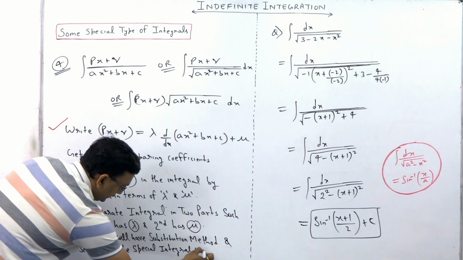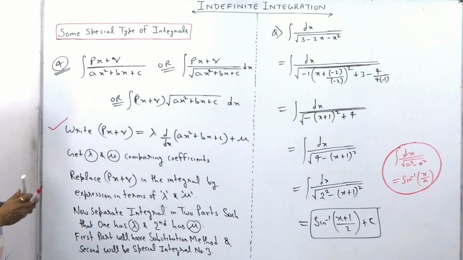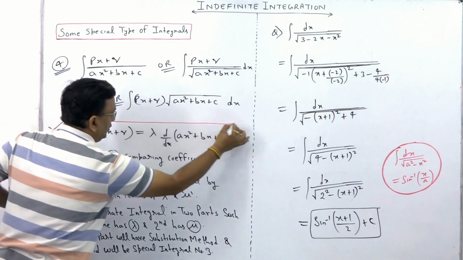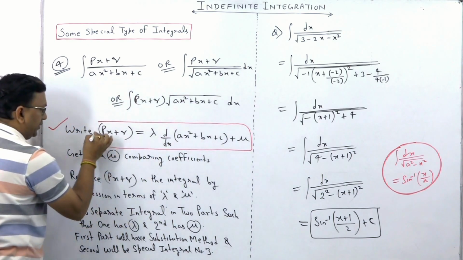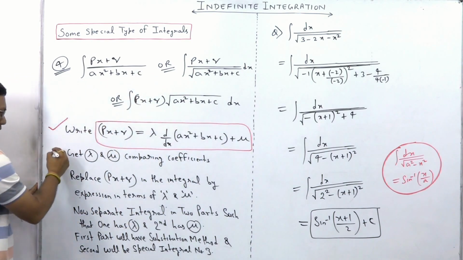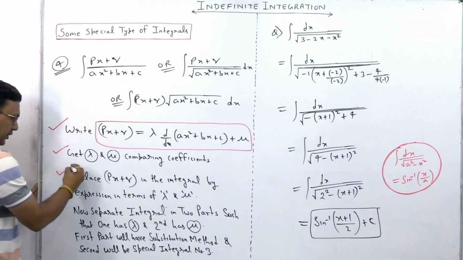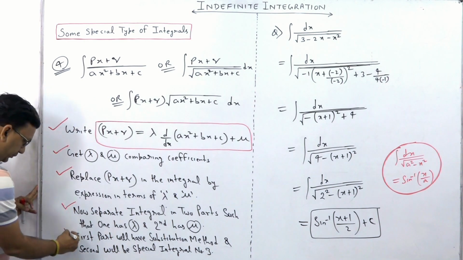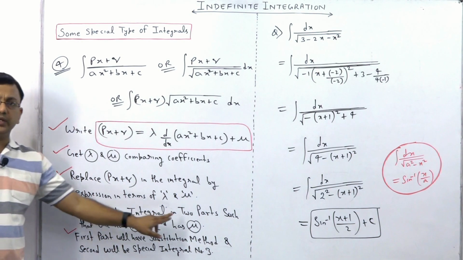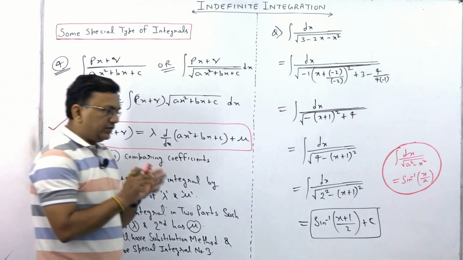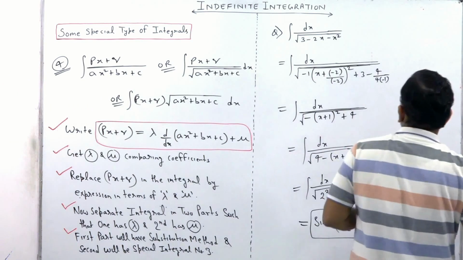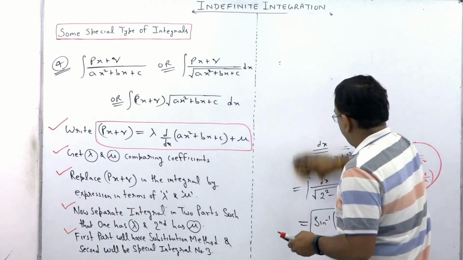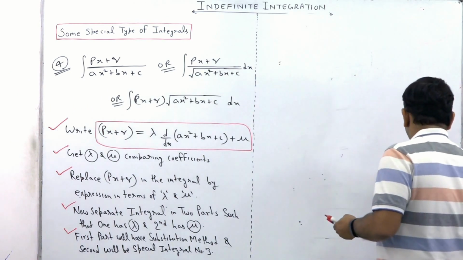चलिए नोट करिए। We will write p of x plus q is equal to lambda times differentiation of quadratic plus mu, lambda mu निकलेंगे, then px plus q को वापस हम रिप्लेस करेंगे इंटीग्रल में, इंटीग्रल को दो पार्ट में सेपरेट करेंगे such that एक पार्ट में लैम्डा आ जाए, एक पार्ट में म्यू आ जाए। After separation we have two integrals, in which first part will have clearly substitution method and second part will be special integral number 3.